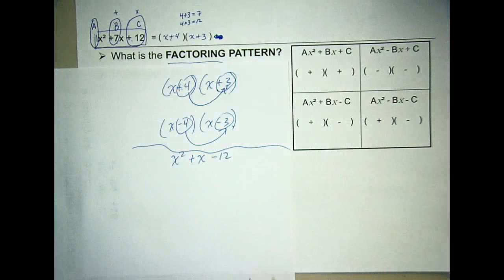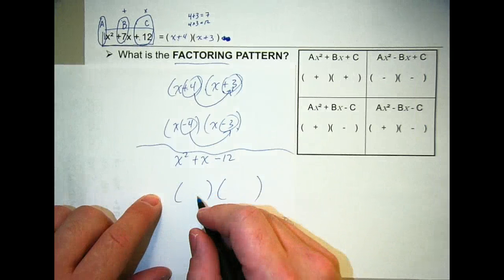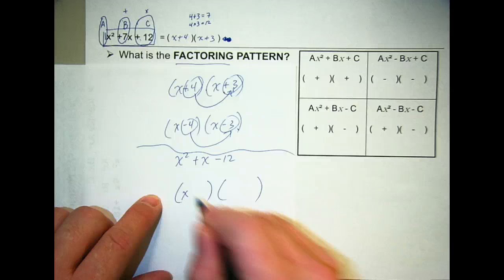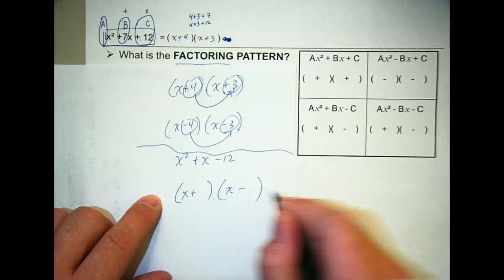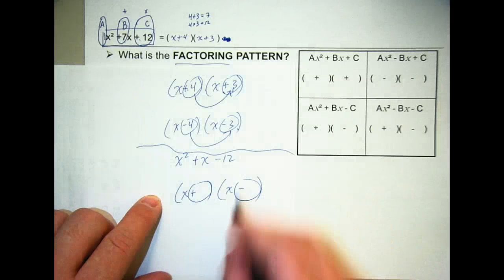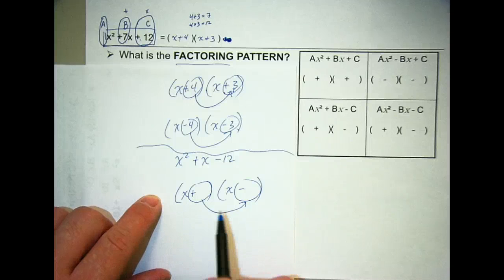I'd have one negative and one positive. Everyone agree? The only way to make a c term that's negative is to multiply a positive by a negative. Jake, you right? Yeah? Okay.